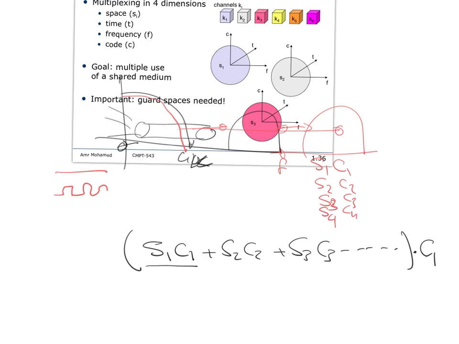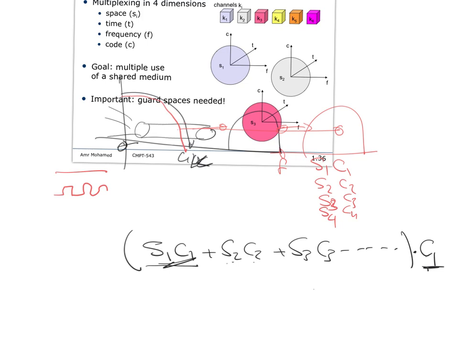What happens is that when I multiply this by code 1, the correlation will be high, which means that the signal will be very high. But when I multiply S2 times C2 times C1, the answer is 0. S3, 0. S4, 0. So the correlation of this code with itself only is high, and with all the other codes is 0.